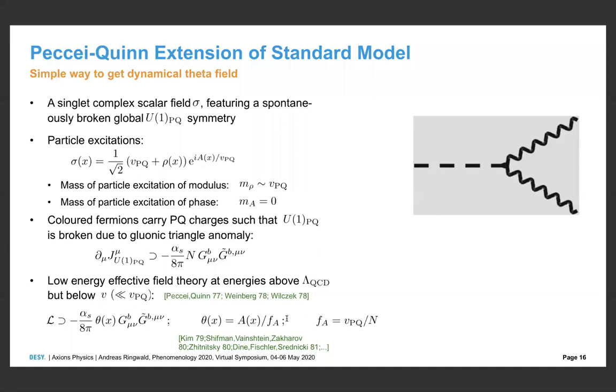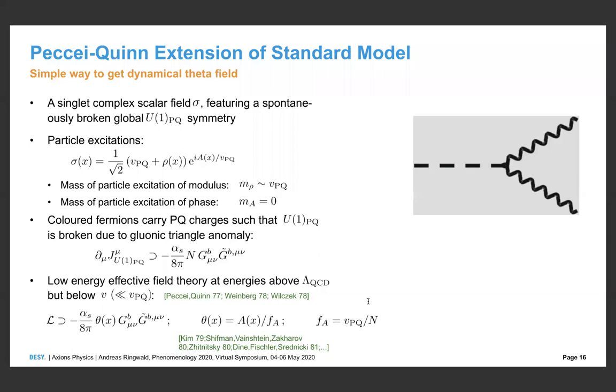And from that we can now read off what the axion decay constant is. The axion decay constant is just the Peccei-Quinn symmetry breaking scale divided by the normalization, or the number of anomalies.